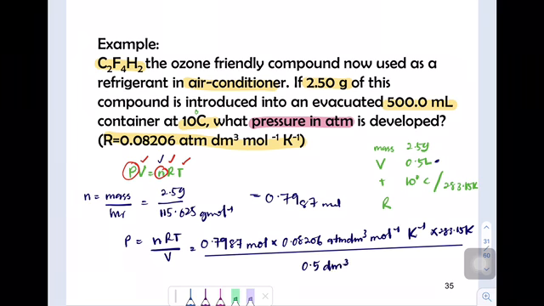We know that liter is equal to dm cube, so when the volume is 0.5 liter, it is 0.5 dm cube. Then we press the calculator, and we will get the pressure exerted is 103 atm.